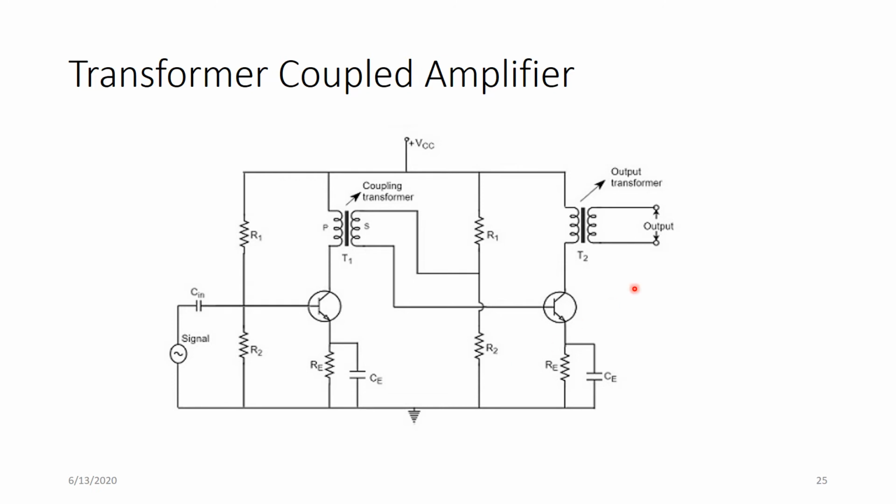At the output also, the same kind of transformer is used. They have a higher advantage and try to maintain the impedance of the complete amplifier stable, so that there is no distortion caused by impedance mismatch in the amplitude of the output signal, and the overall amplification remains constant.